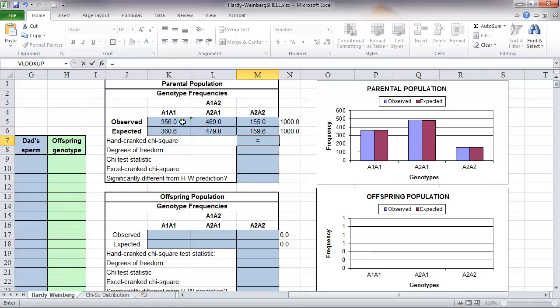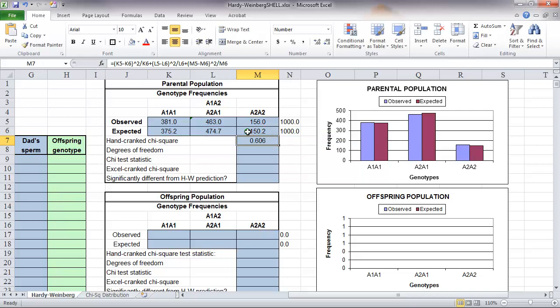We'll start by typing in an open parenthesis, observed minus expected, and then we'll square it, and then we'll divide by the expected, plus, let's move to the second column, observed minus the expected, squared, divided by the expected, and then plus our last column, observed minus the expected, squared, divided by expected.